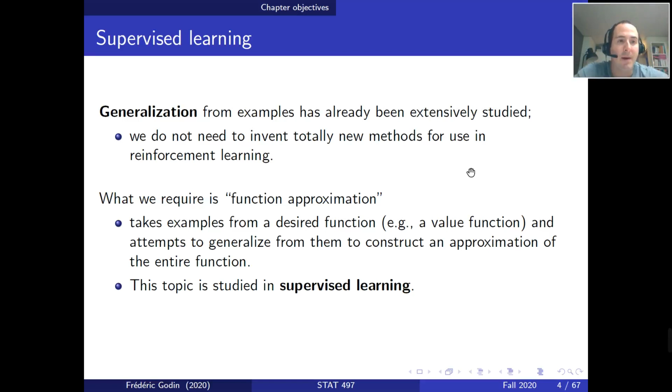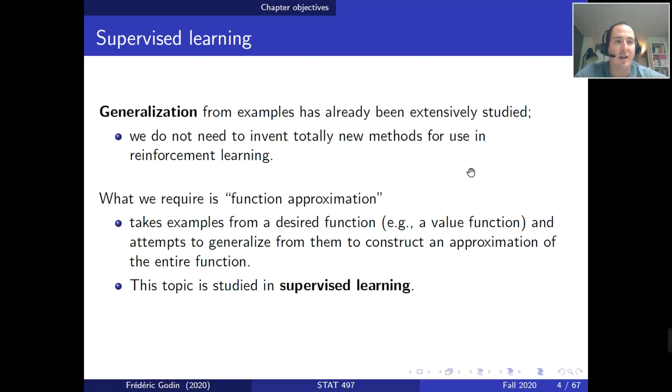Okay, so this topic is known as supervised learning in the machine learning literature, or regression, for example, in the statistics literature. So for those who did the statistical learning class, this is extensively discussed, but if you did, for example, only a linear regression class, you can see that this method could be applicable in that case.